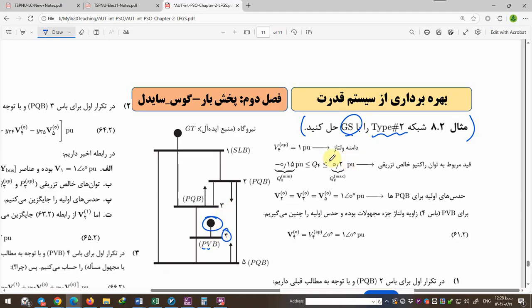In bus 4, the magnitude of voltage is fixed at 1 per unit, and the constraint regarding reactive power, the injected reactive power, is minus 0.15 and minus 0.2, the maximum and minimum amount of injected reactive power.